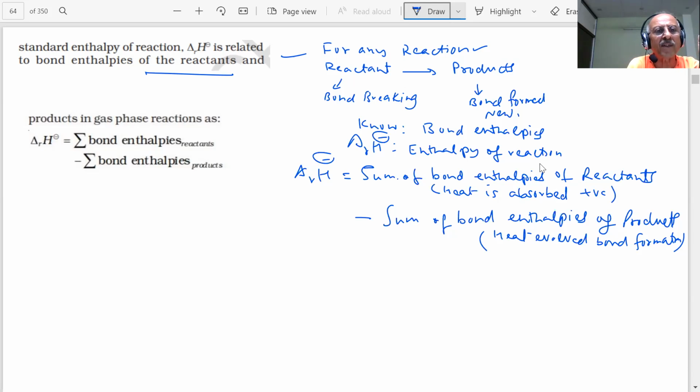In other words, if the products are in gas phase, this relationship is useful when the required values are not available. The net enthalpy change of a reaction is the energy required to break all the bonds, that is positive, and bond formation is negative, students.